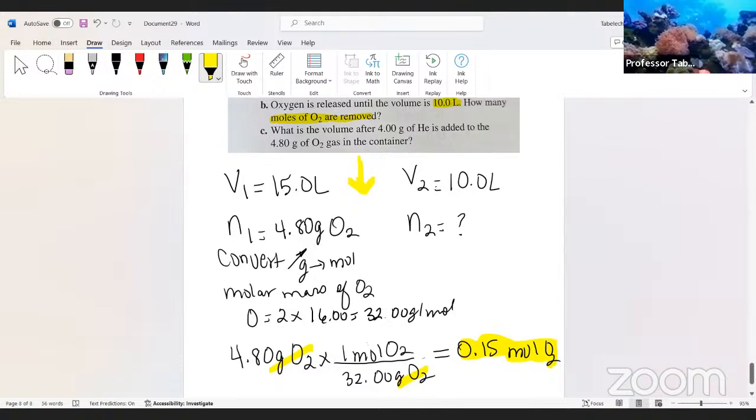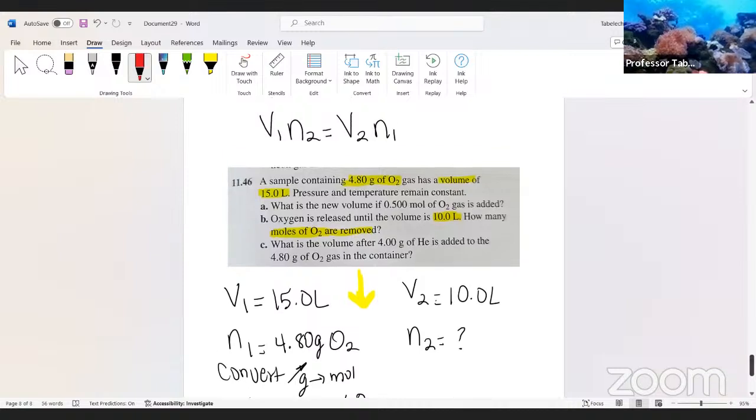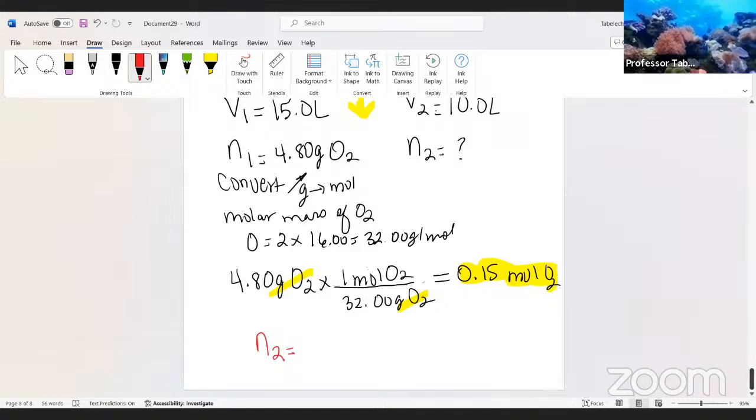So now let's plug these values into our formula. Again, we're looking for N2. If I go back to the base formula, the formula for N2 is going to be V2 times N1 divided by V1. V2 times N1 over V1. So let's go ahead and write that down. V2 times N1 over V1.